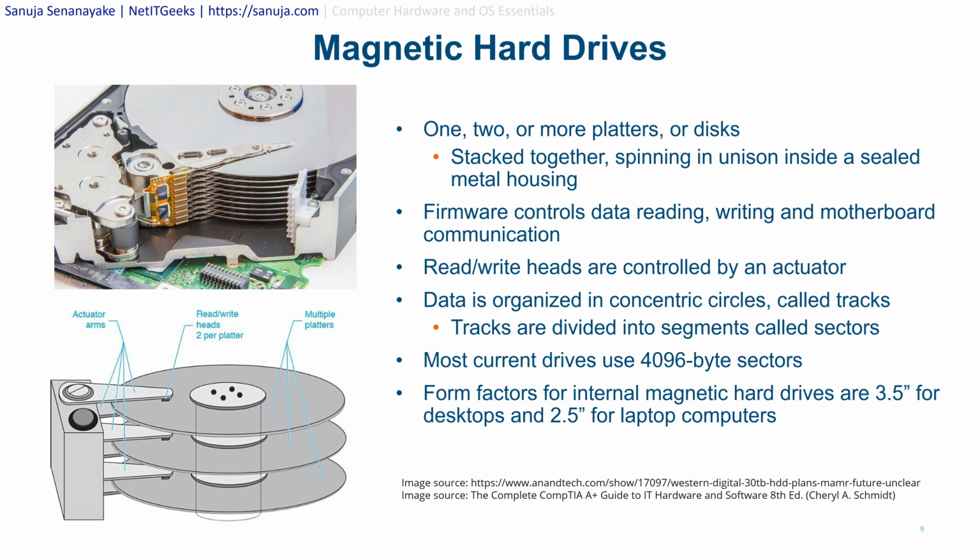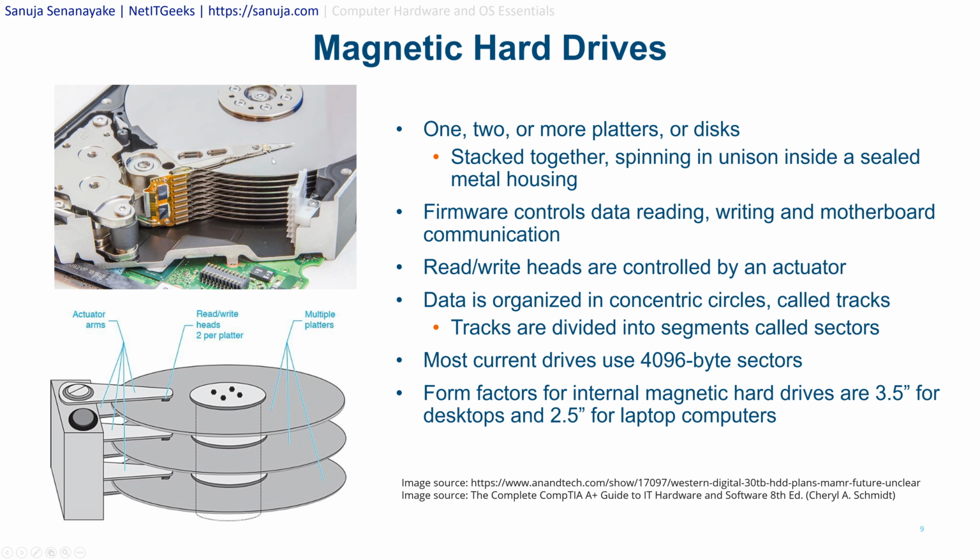So let's look at magnetic hard drives. Magnetic hard drives are built with one, two, or multiple platters, also known as disks, stacked together and spinning in unison inside a sealed metal housing. They look exactly like this.